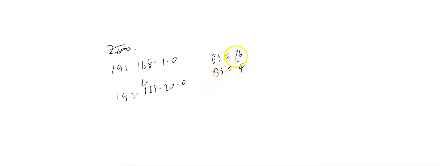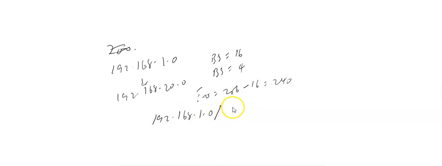So using BS equals 16, IO will be 256 minus 16. That gives me 240. So the summary address capturing the first 16 network addresses will be 192.168.1.0 slash what? Slash 20. Yes, because this 240 is 4 bits.